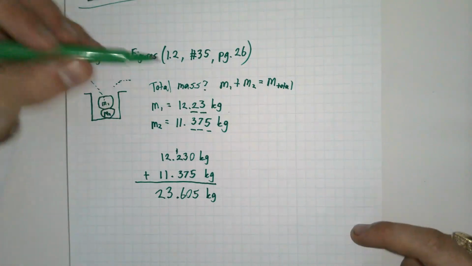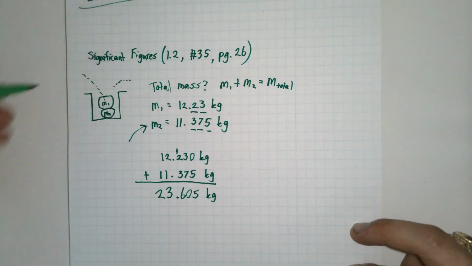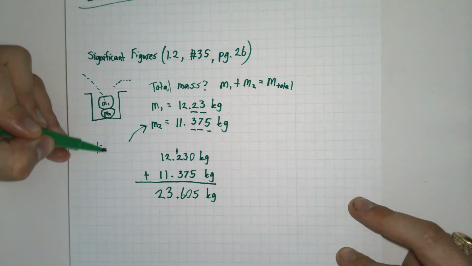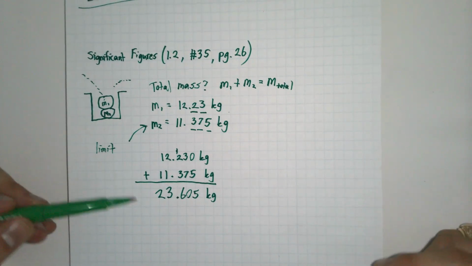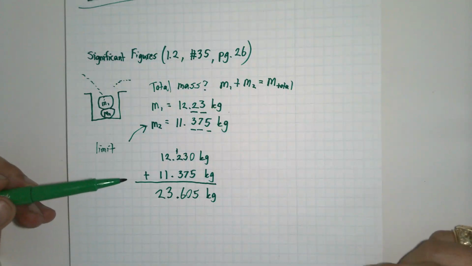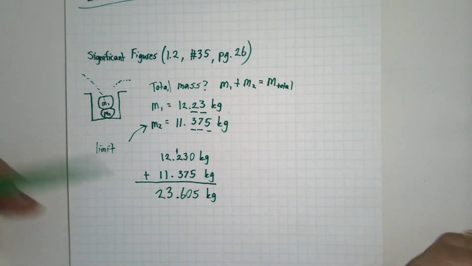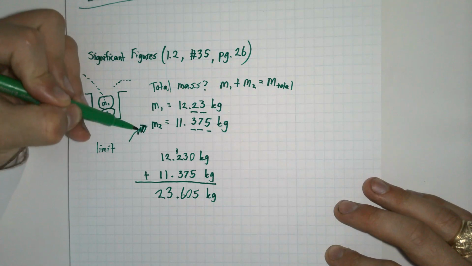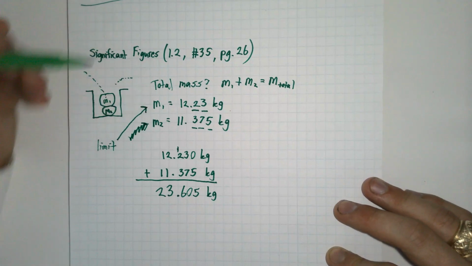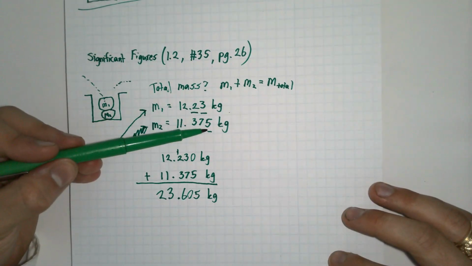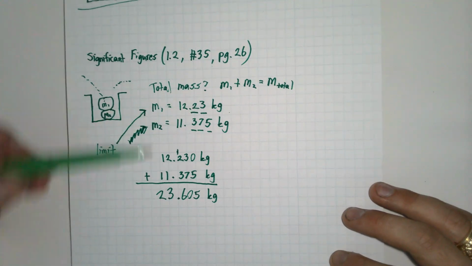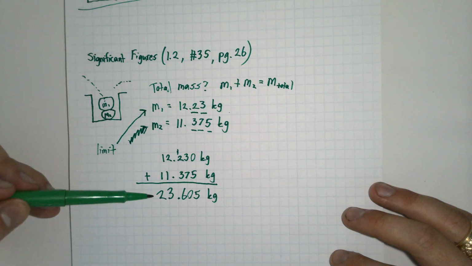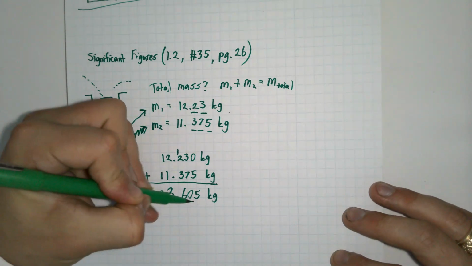That means that this one right here will limit the precision of our sum, or of the addition of these two. Because we have a whole bunch of precision here to the thousandths place, but here we have only to the hundredths place. So that means our sum can only go to the hundredths place.